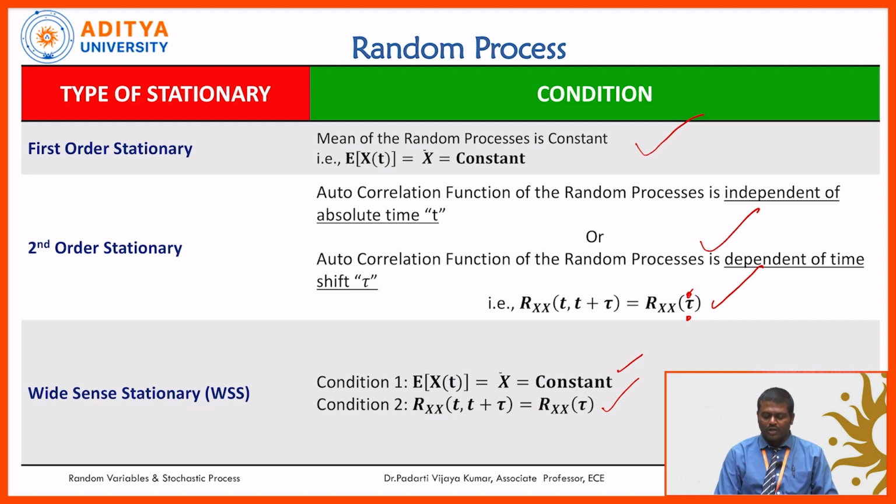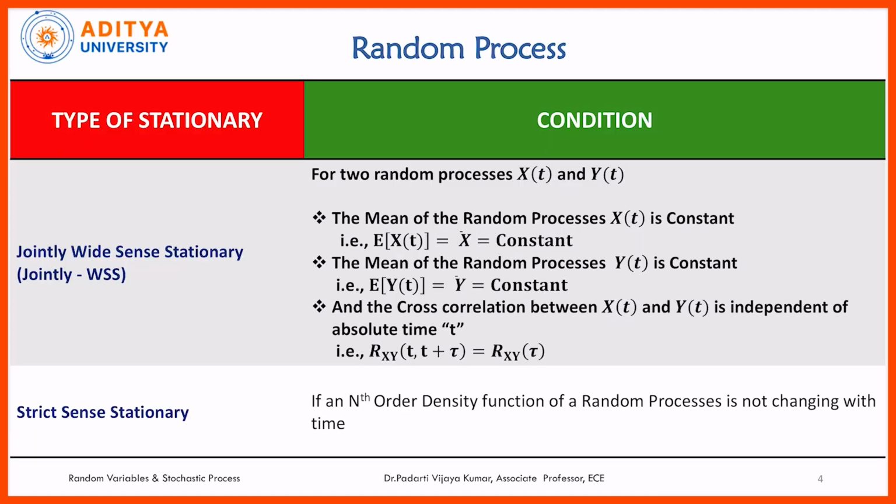It is quite used frequently. And one more thing is jointly Wide-sense stationary random process. If two random processes are different, if you take two random processes x of t and y of t, if the mean of the random process x of t is constant and the mean of the other random process y of t is constant, and if you compute the cross correlation function, and the cross correlation function is a function of time difference tau, where tau is nothing but time difference t2 minus t1, then, if all these three conditions are satisfied, we call it a jointly Wide-sense stationary random process.